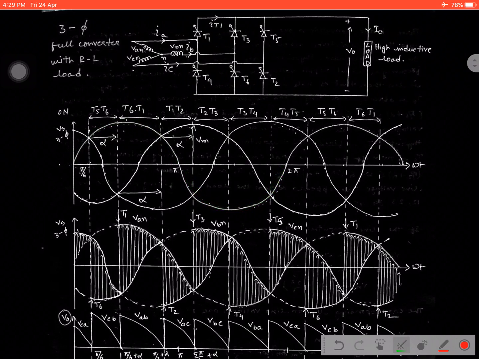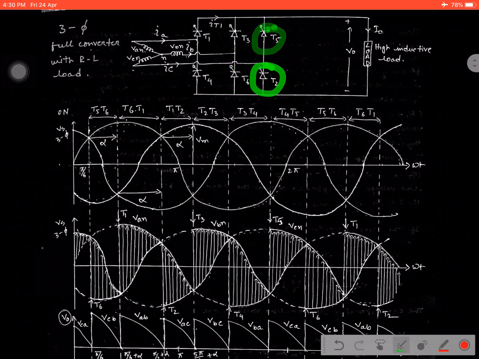When T1 starts conducting, then obviously we should fire the other respective switches, maybe T6 or T2. Similarly for T3, next will be fired T4 or T2, and for T5, next will be fired T4 and T6. But we can never fire the switches, suppose, T1 with T4, T3 with T6, T5 with T2.